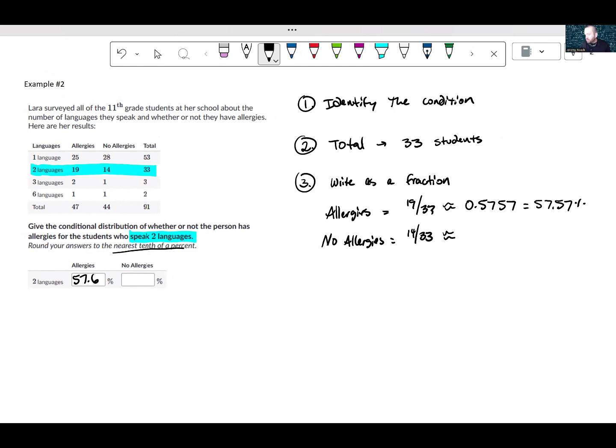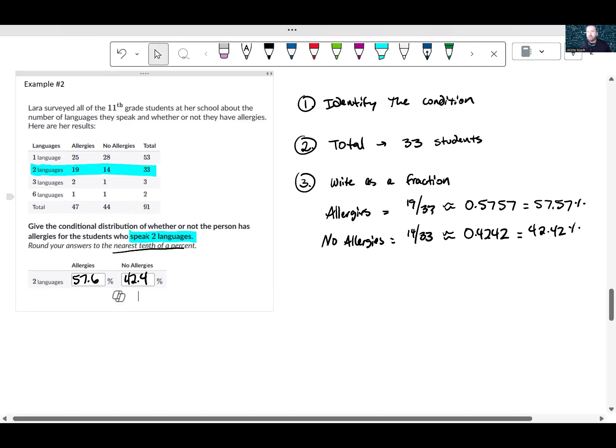For no allergies, we do 14 divided by 33, we get 0.4242, which is 42.42%. If we round that to the nearest tenth, we get 42.4%. Okay, so again, our condition was that they speak two languages. We found the total of that condition, and then we were able to determine the percentages of whether they had allergies or no allergies based on the table data.